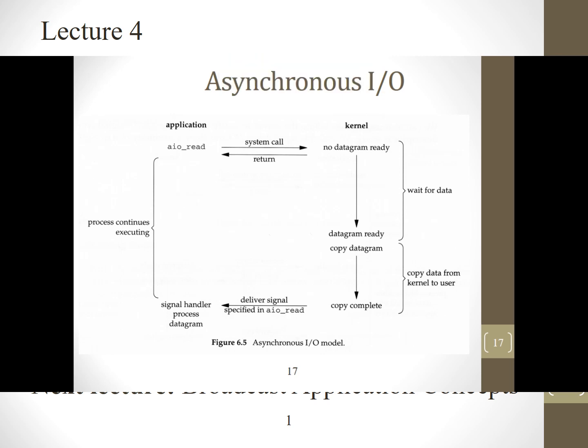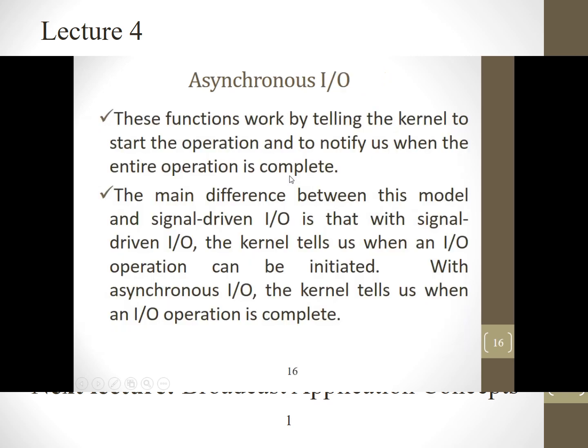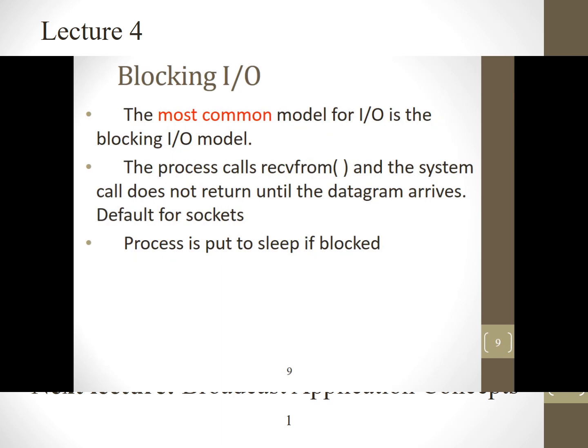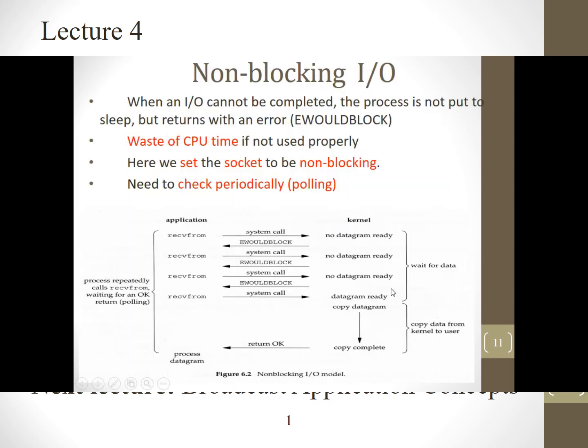So we need to keep in mind what the differences are in these IO models. If we look at the blocking IO model, what is the difference between the first phase and the second phase? Similarly, the first phase and the second phase.